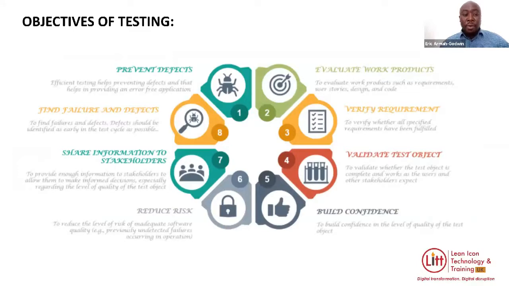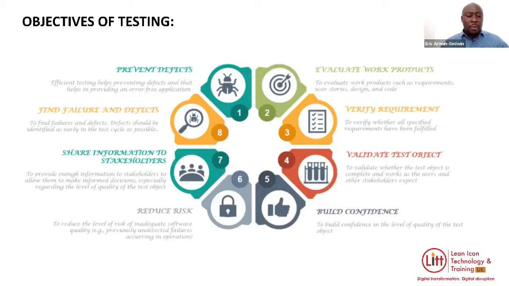It's to prevent defects, evaluate work products. We also want to verify requirements. We want to validate test objectives. We want to build confidence in the product. These are the objectives of testing. We also want to reduce risk and share information to stakeholders.